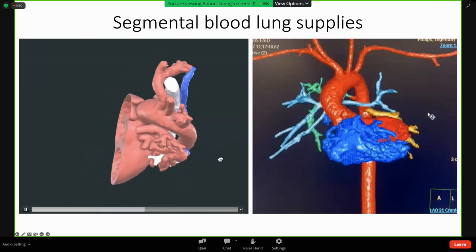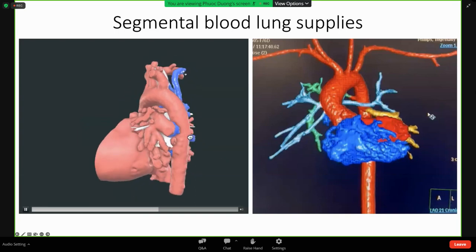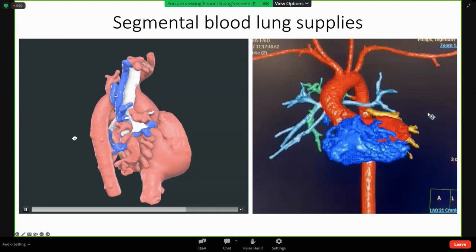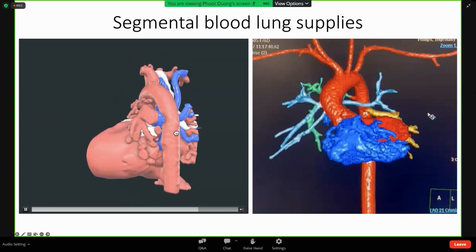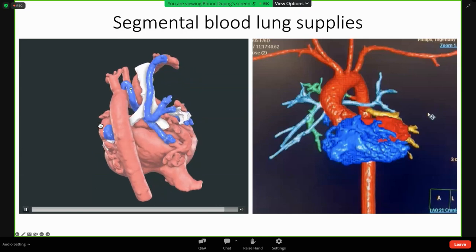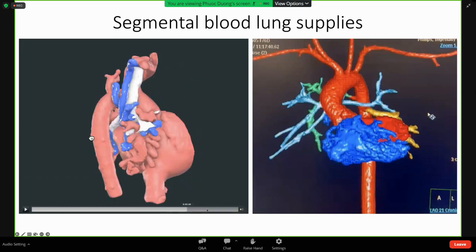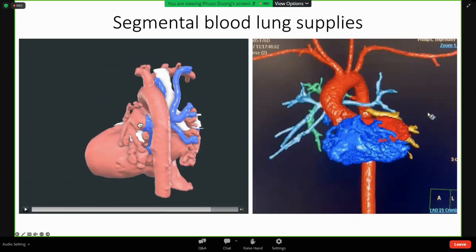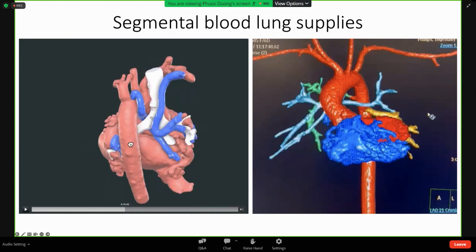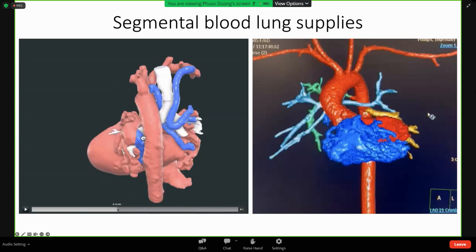In this case, the aorta, the innominate artery, and you can see one MAPCA coming out from the subclavian artery, and the other coming out from the base of the left subclavian artery. The additional MAPCAs are coming out from the descending aorta, supplying pressure greatly to the left pulmonary artery, and also significant parts of the right pulmonary artery as well.